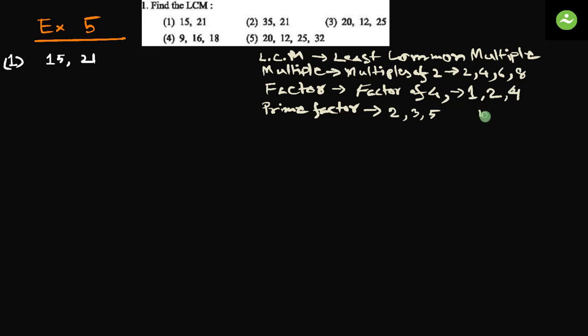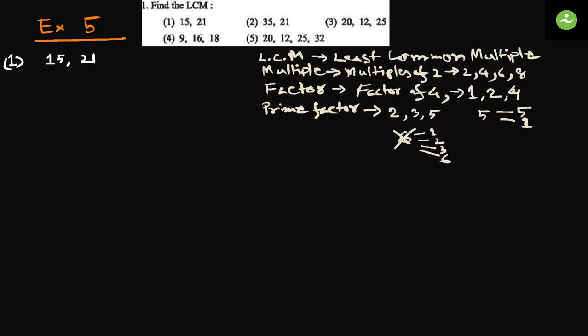Because we can divide 5 by only 2 numbers, one is 5 and the other is 1. Except these 2, you cannot divide 5. Similarly, 2, 3 are also prime factors. But 6 is not a prime factor because it can be divided by 1, 2, 3, and 6. So this is not a prime factor.